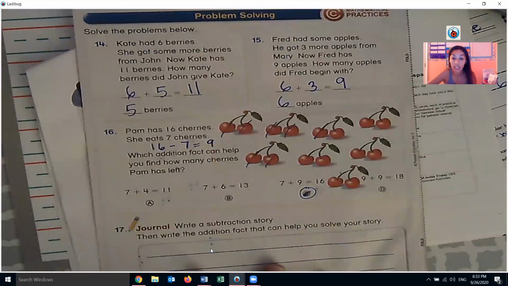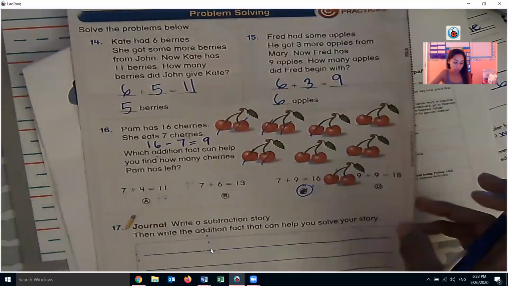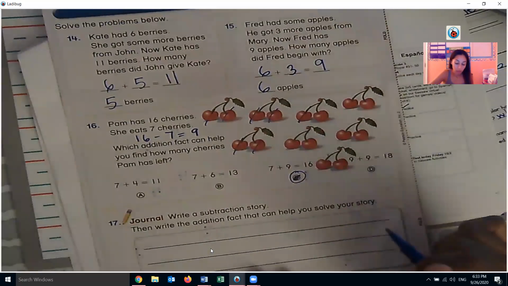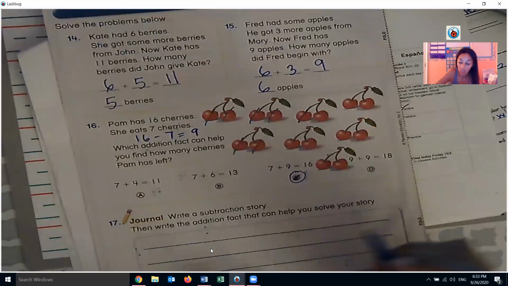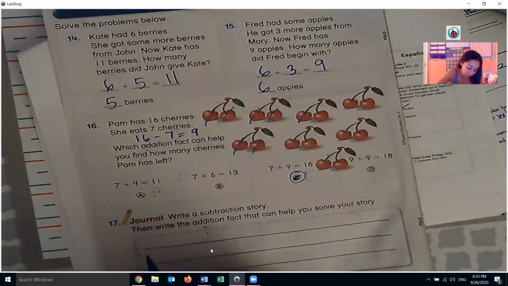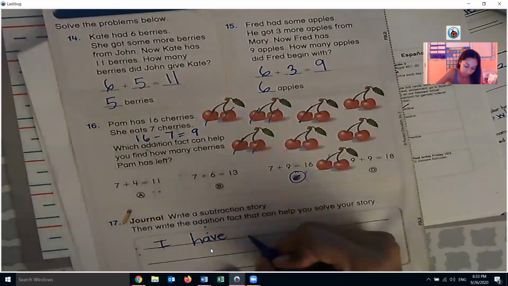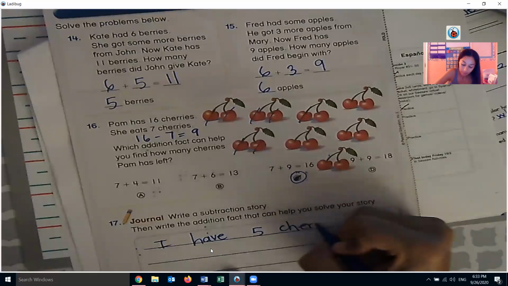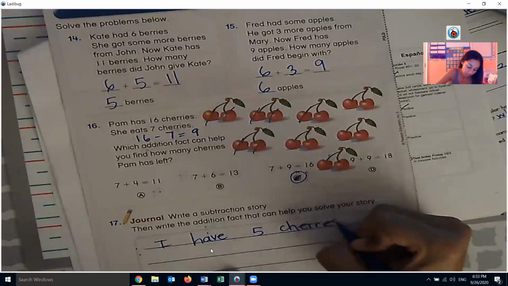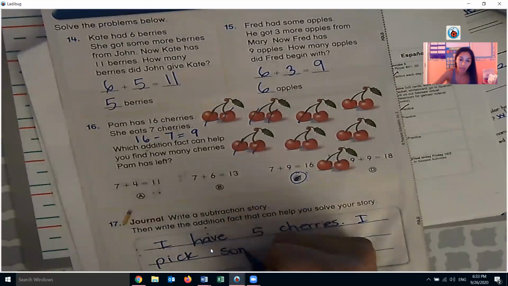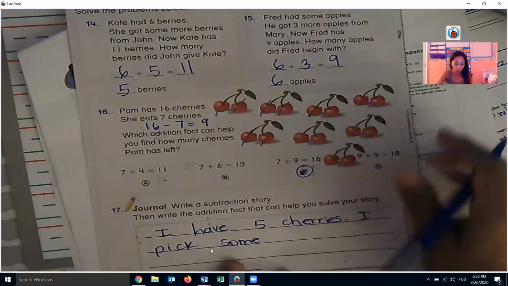A related addition sentence. Write a subtraction story, then write the addition fact that can help you find the story or solve the story. Okay, so I'll stick with cherries. I have 5 cherries. I pick, I'll say some more, but I won't say how many. I pick some more.